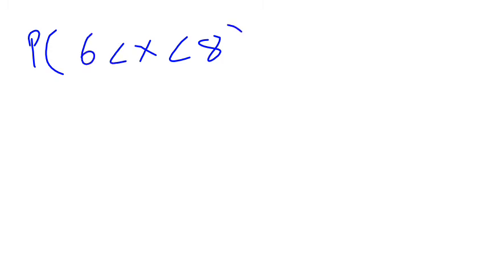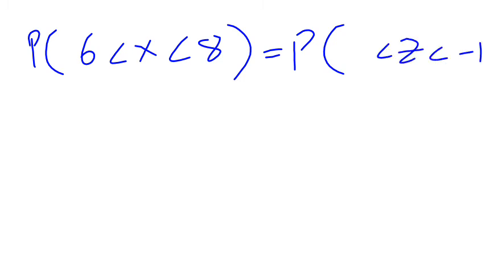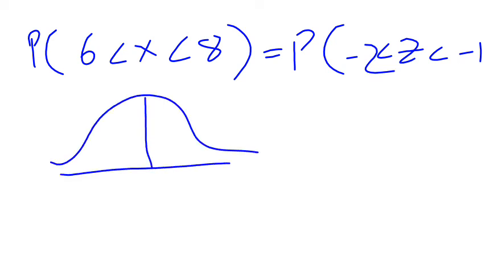Similarly I can write the other one, the third question, which was x less than 8 and greater than 6. Corresponding to this, our z was less than -1 and greater than -2. So again we transform it into the normal bell-shaped distribution.